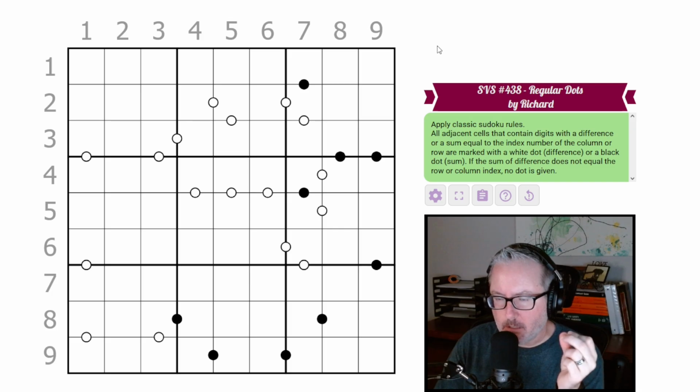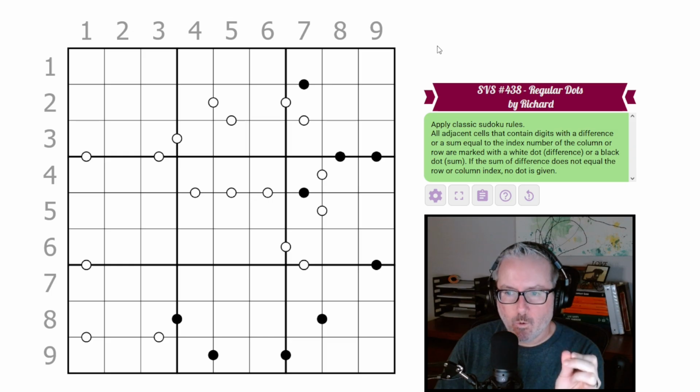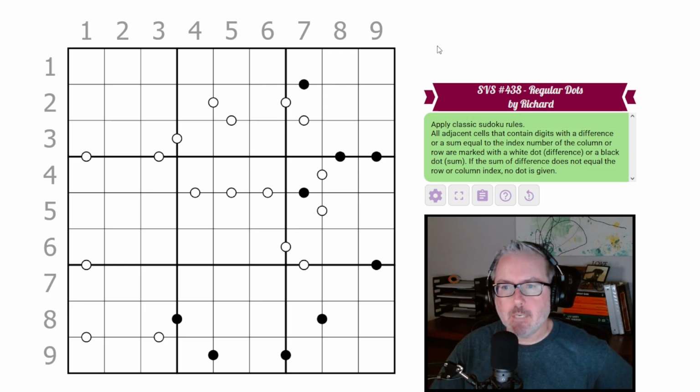Okay. Makes sense. If the sum or difference does not equal the row or column index, no dot is given. Okay, so this is like a massive negative constraint on this guy. All right, let's dig through this and figure out what it is we're doing.